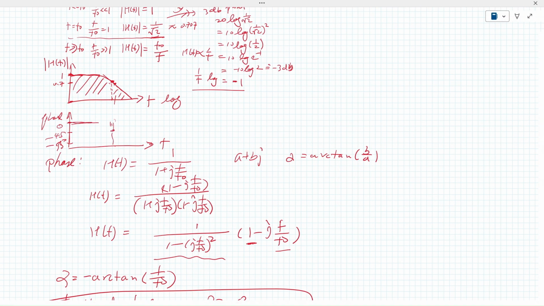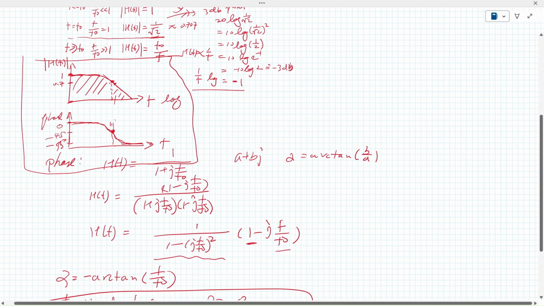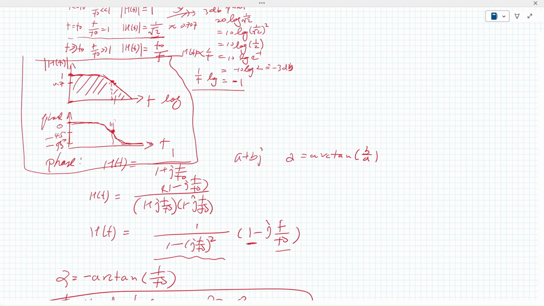And at the cutoff frequency, we have minus 45 degrees phase change. And above the cutoff frequency, we have 90 degrees phase change. So the phase diagram is like this. Okay. So now we have both amplitude and phase diagrams. Combine these two, they give the whole picture of first order low pass filters. We call this Bode plots.